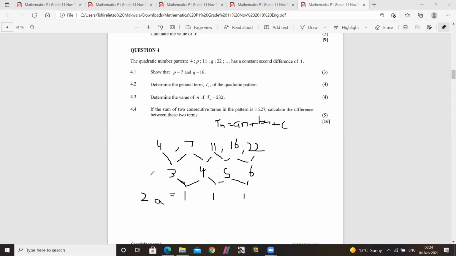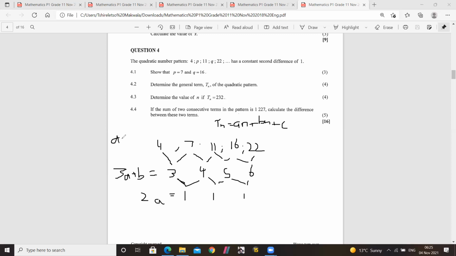The first difference must be equal to 3a plus b. It must always be equal to the difference between this term and this term, not this one and this one. So that's equal to 3a plus b.